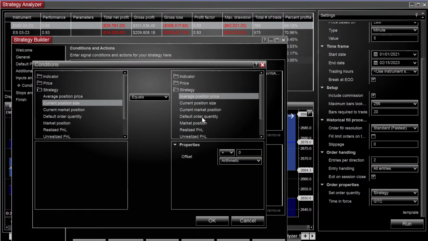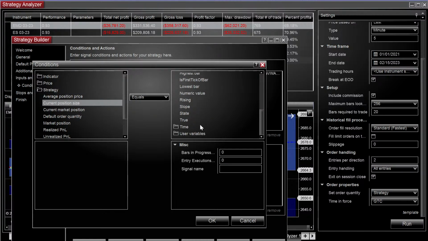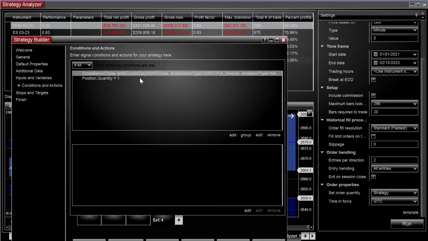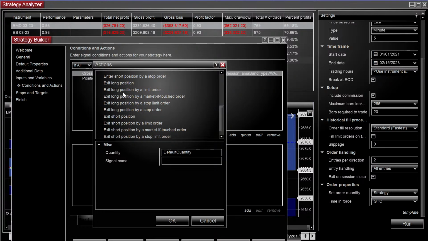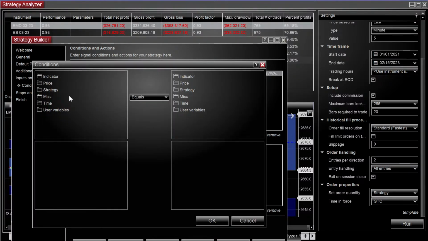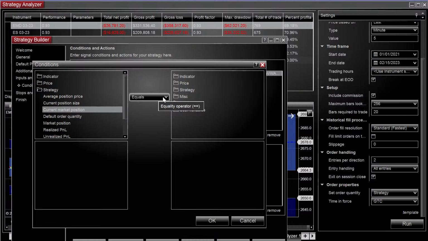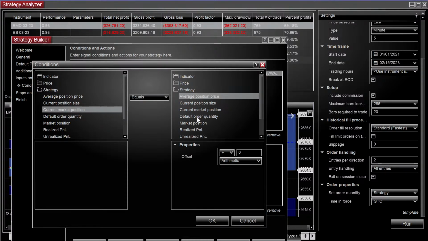Current position size equals 1. Current market position equals long.